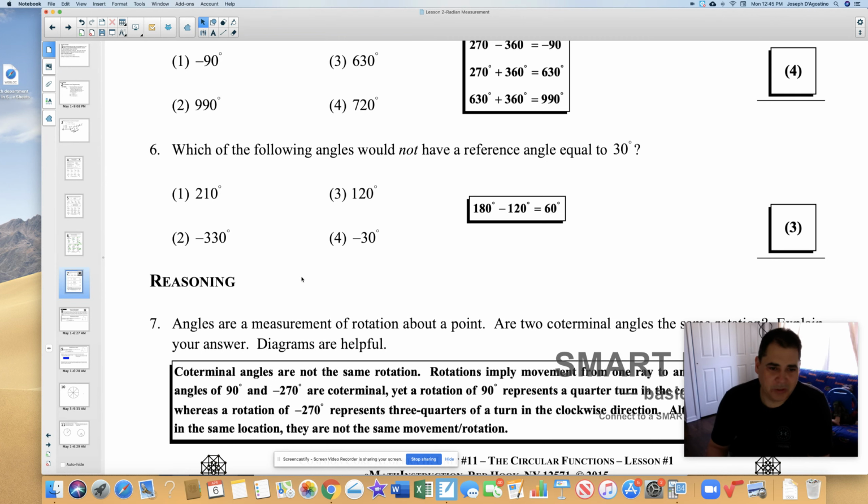All right, number 6, which of the following angles would not have a reference angle equal to 30? Now remember, how do you get your reference angle? You take your angle depending on what quadrant it's in. Let's go through that again.